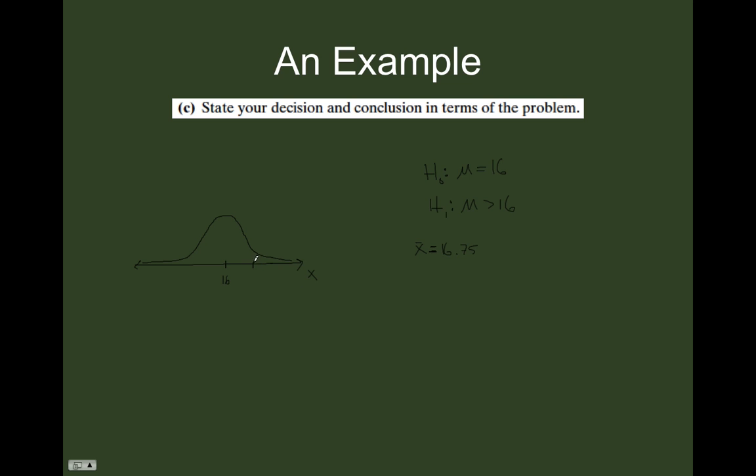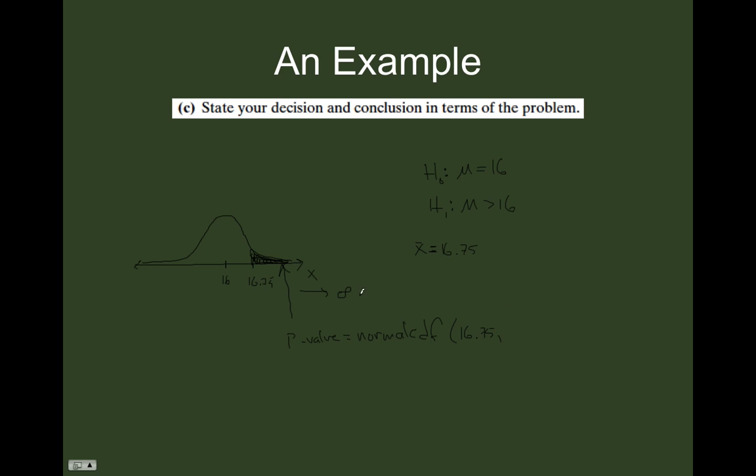To do this calculation, 16.75 is to the right of 16, and the direction of extreme would be to the right because of my alternate here. So the p-value would be given as this right tail area. We would calculate that again using normal CDF, which finds the area under a normal curve. But this time I'd put the sample mean as the left boundary, and the distribution goes all the way out to positive infinity.